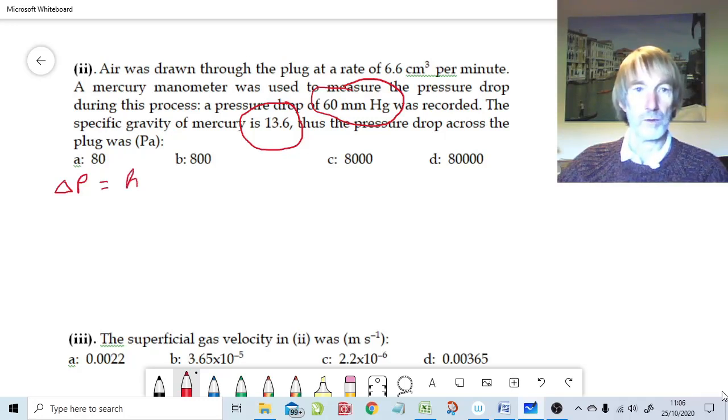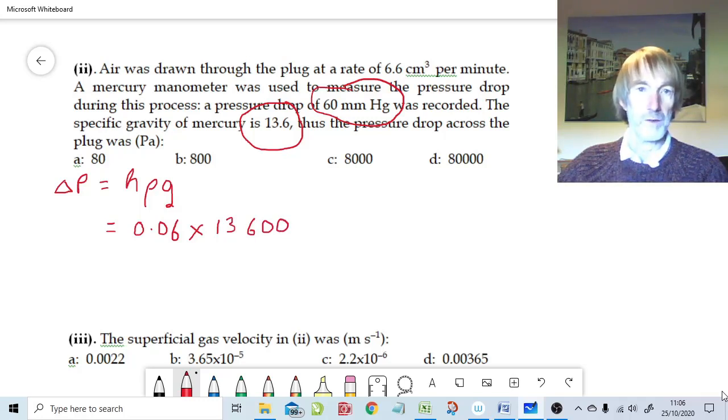Sometimes we might call that H rho G, not rho S, so it's not the density of the solids, it's the density of the fluid, so I'll just call that rho rather than rho F. Rho on its own is density of the fluid, and G. So fairly straightforward calculation, this one, because H is 0.06 meters, which is 60 millimeters, times by 13,600.